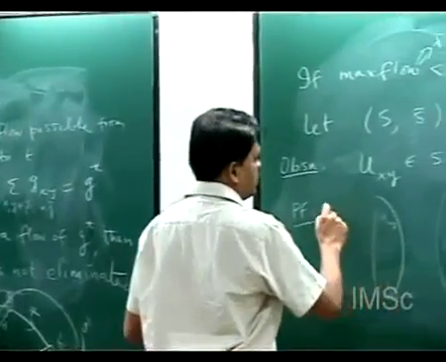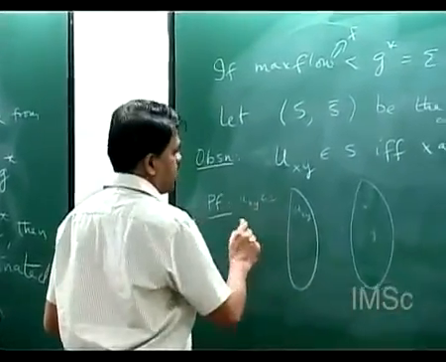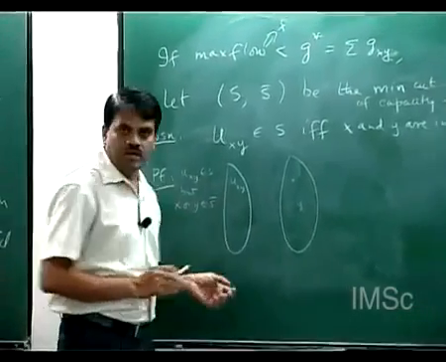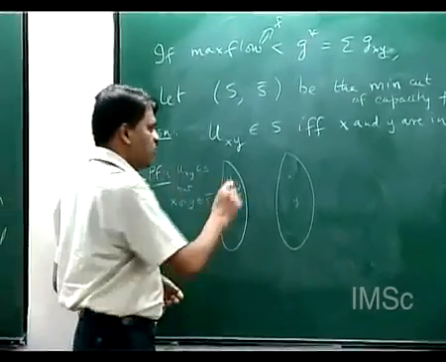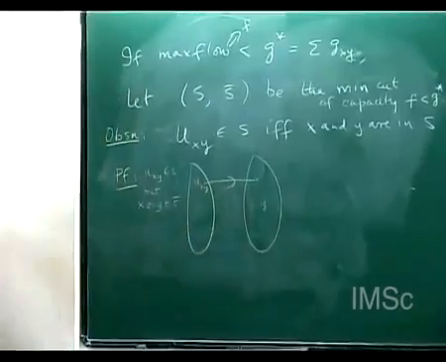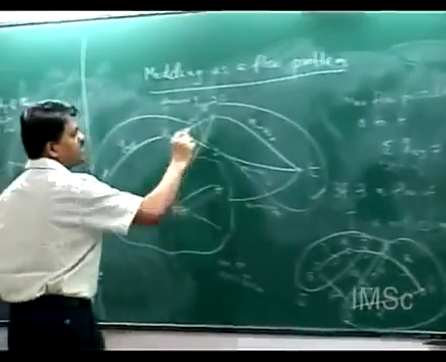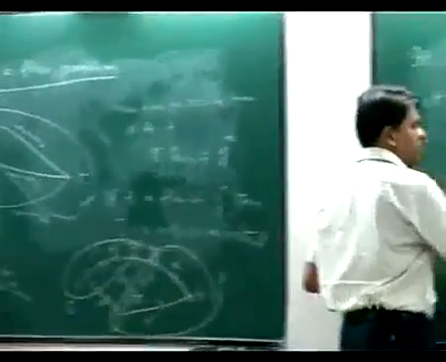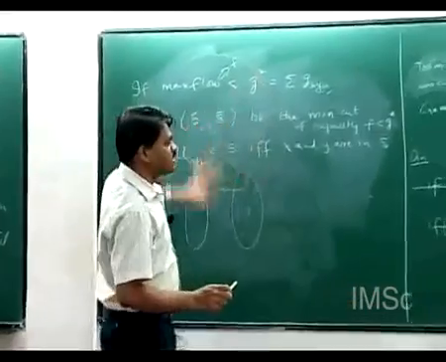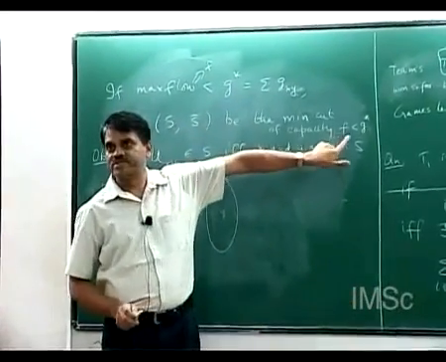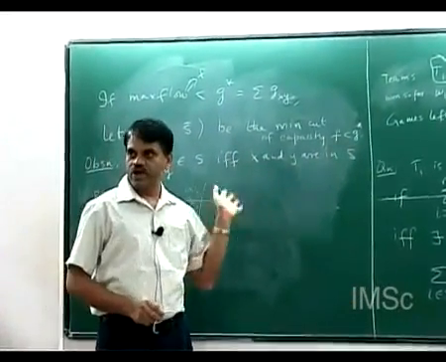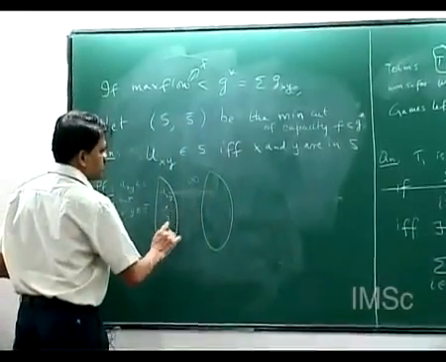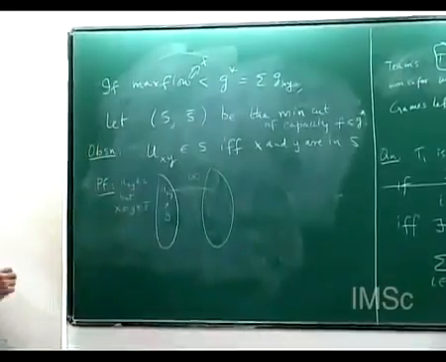So, one direction: u x y is in S, but x or y is in S bar. Very good. So, look at this capacity, this edge capacity is infinity. We said that the capacity of this cut is some finite number less than G star. So, you cannot have this possibility. So, that shows that both x and y must be here if u x y is here. This is one direction.